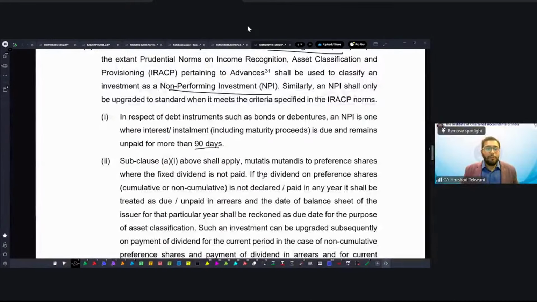Means in respect of a debt instrument, if interest or installment remains due or unpaid for more than 90 days, it will become NPI. If a fixed dividend is not paid for more than 90 days, it will become NPI.